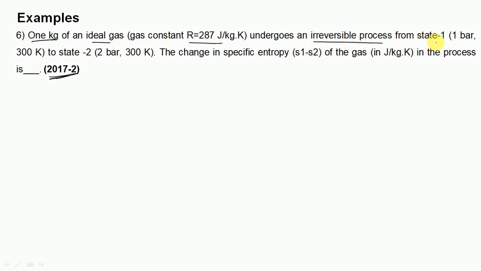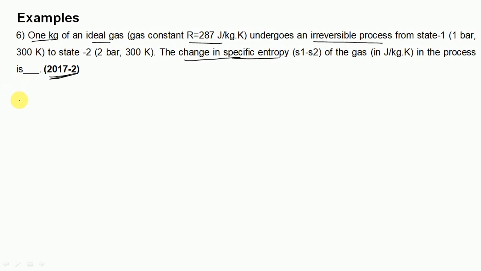State 1, pressure is given 1 bar and temperature is 300 Kelvin. For state 2, the pressure is 2 bar and temperature is 300 Kelvin. And here you need to find the change in specific entropy, S1 minus S2 of the gas. Okay, a very basic, simple example.